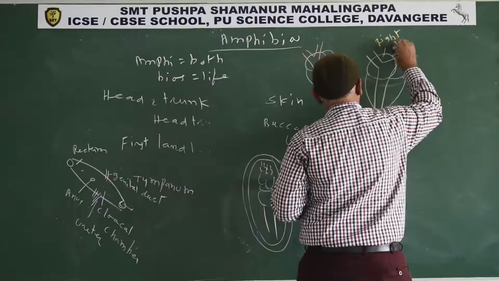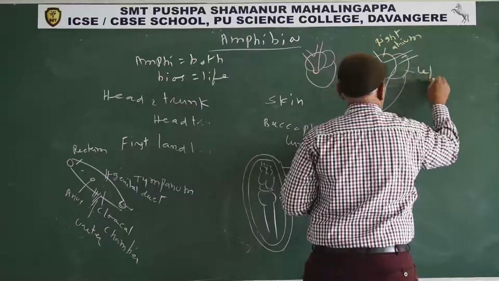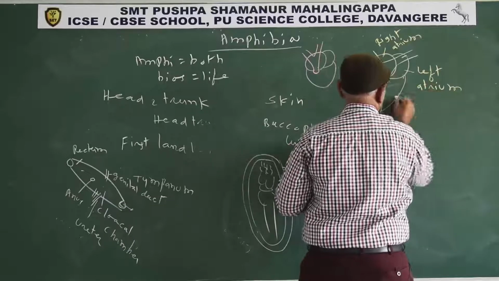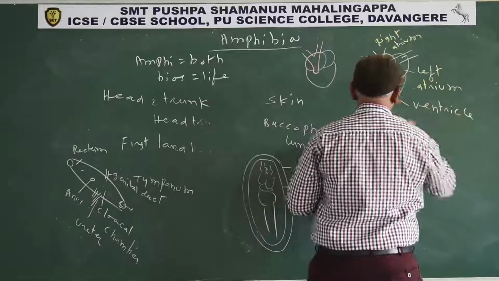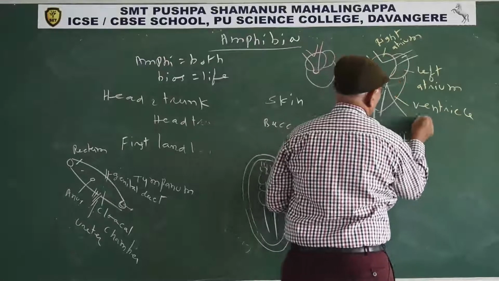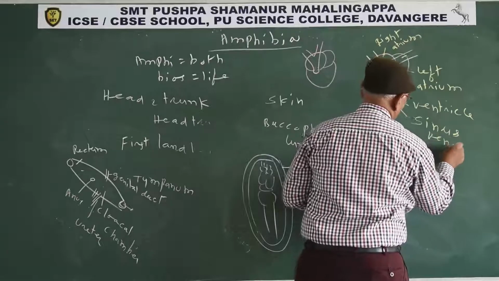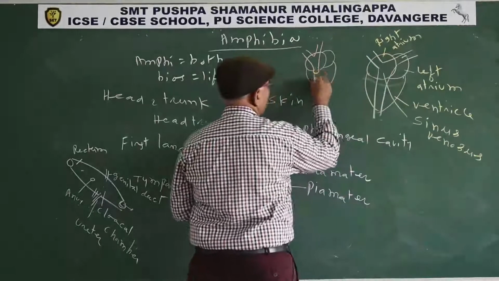Right atrium, left atrium, ventricle, sinus venosus, conus arteriosus.